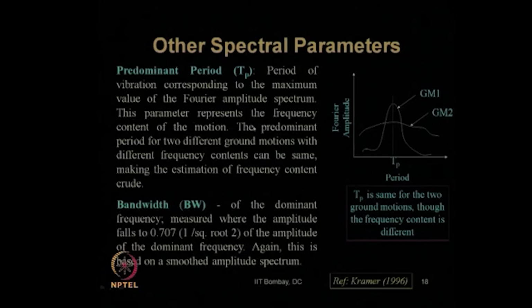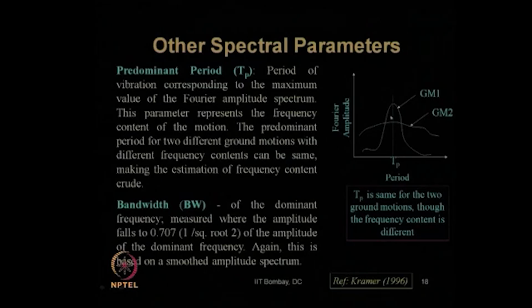So, this parameter represents the frequency content of the motion. The predominant period for two different ground motions with different frequency content can be the same, making the estimation of frequency content very crude.